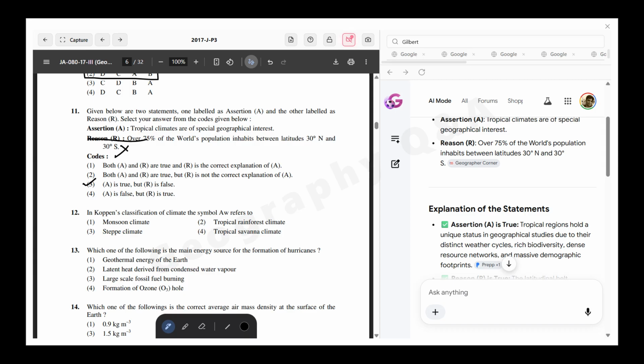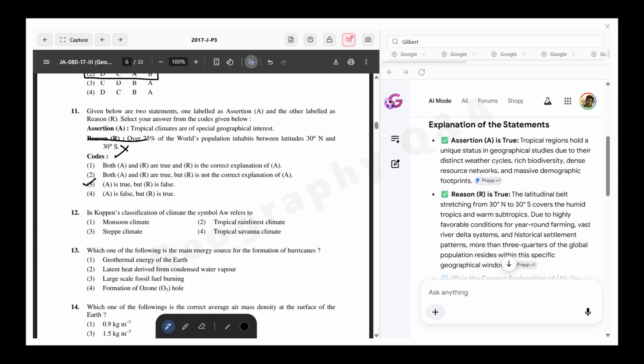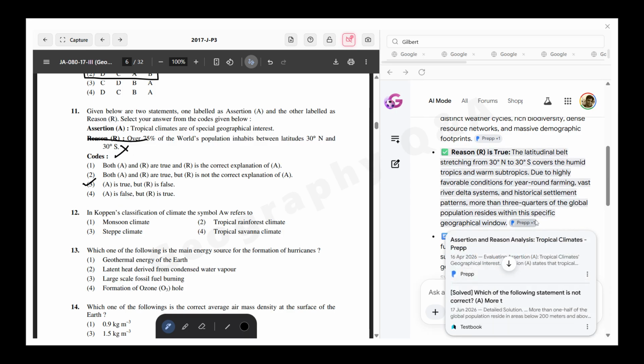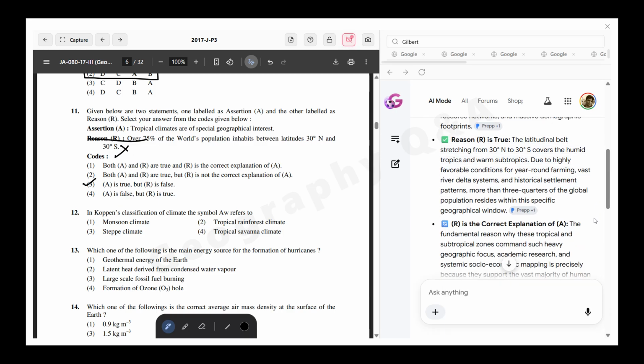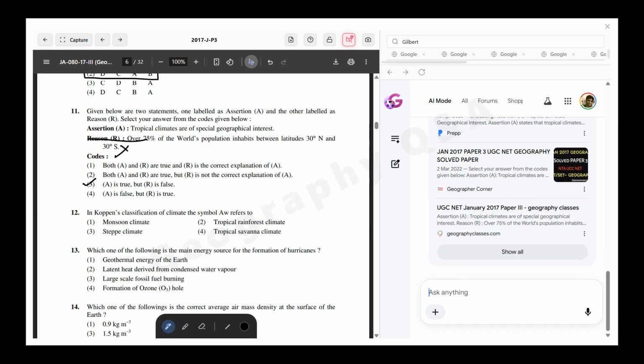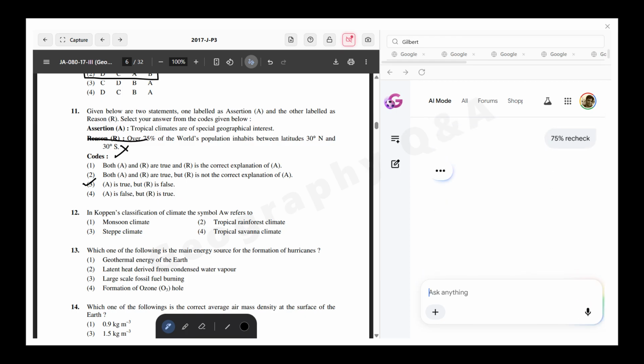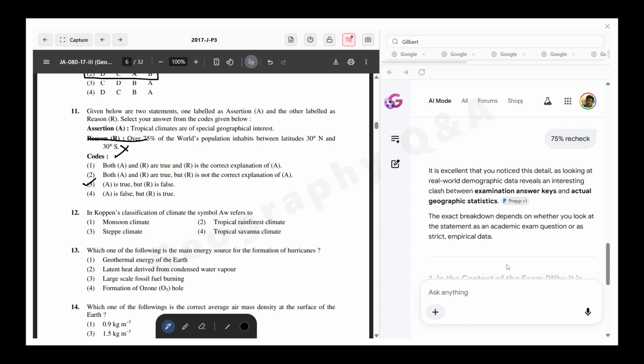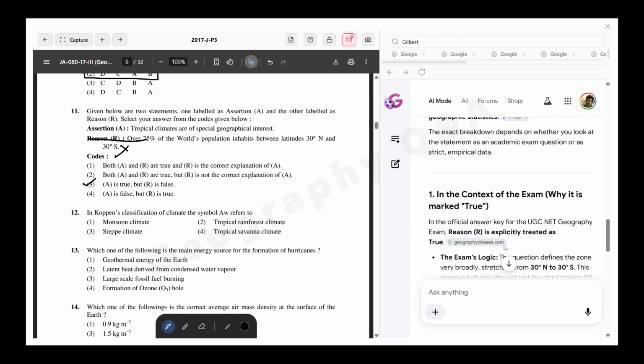Over 75% of the population, that should not be. In the context of the exam, it is marked true.